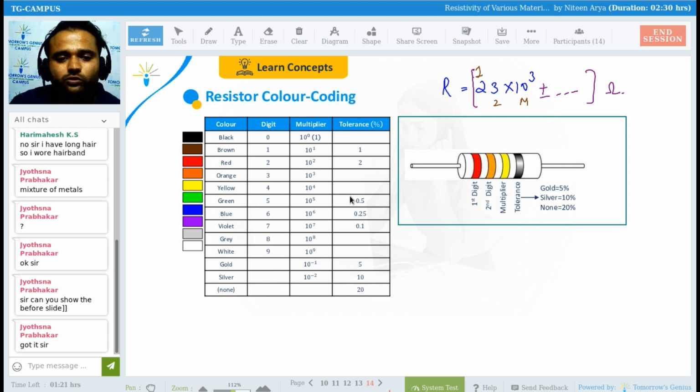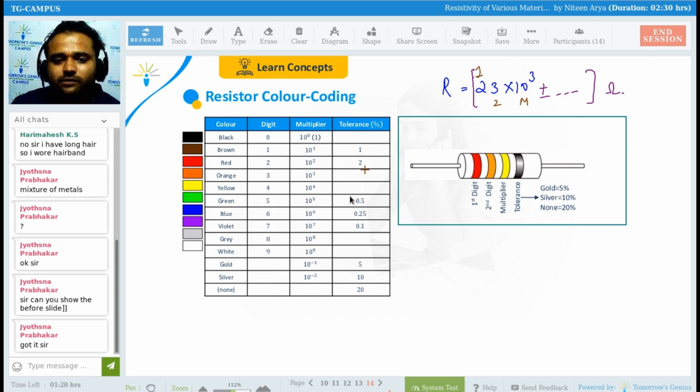Black stands for 0, brown for 1, red for 2, orange for 3, yellow for 4, and so on. You start your digits from 0, and the multiplier is 10 to the power 0, which is 1, then 10 to the power 1, 10 to the power 2, 10 to the power 3, 10 to the power 4, and in this way you can go ahead.